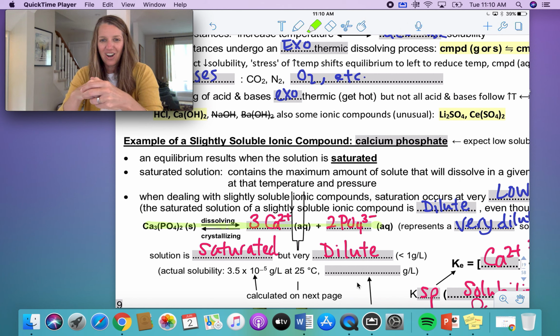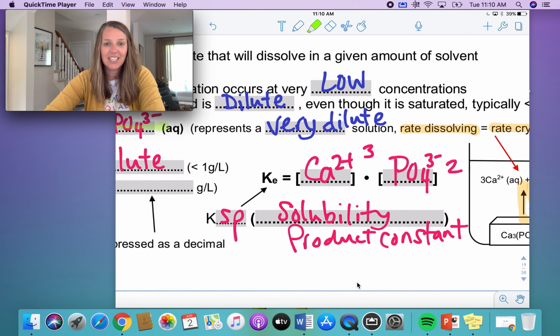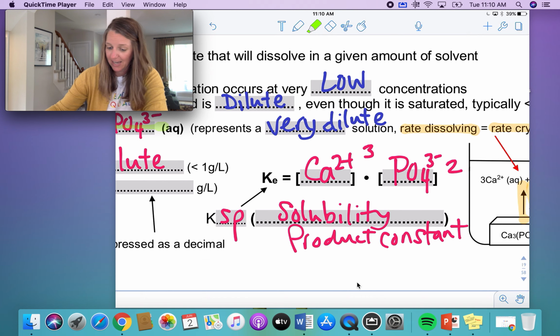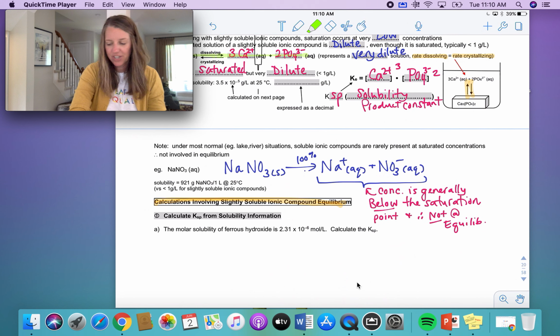Therefore, they are slightly soluble, and you're going to have very little of them that are going to dissolve. So how do you calculate that? You set it up to calculate the Ke, which is really the Ksp, right? Because now we're going to talk about solubility constant, but you set up your K value calculation the exact same way. Now, shall we start to do a question?